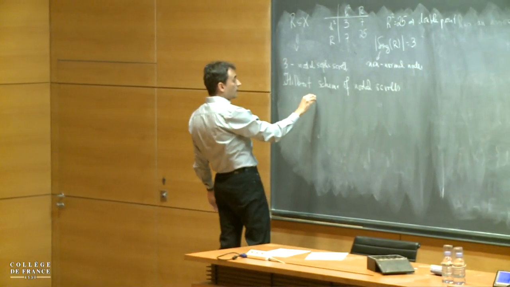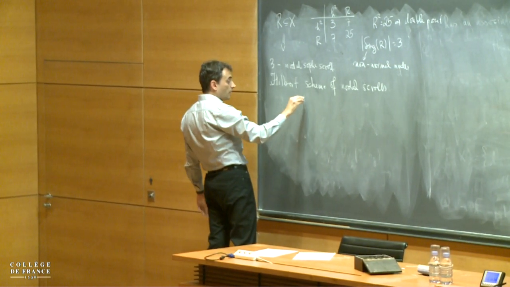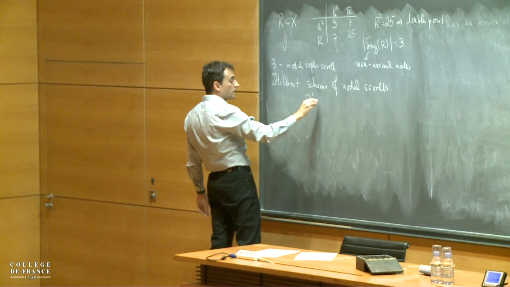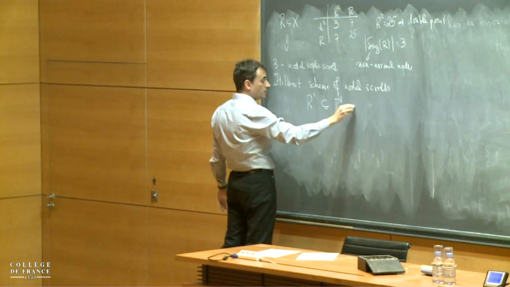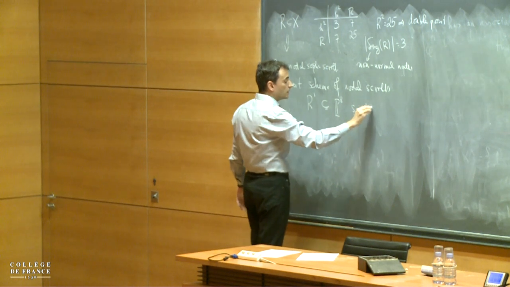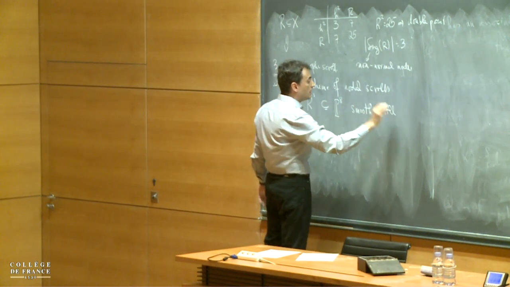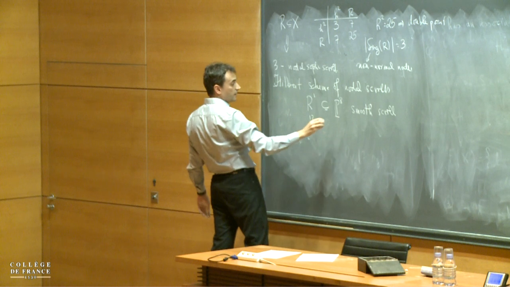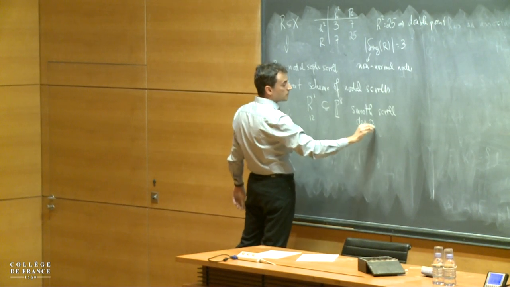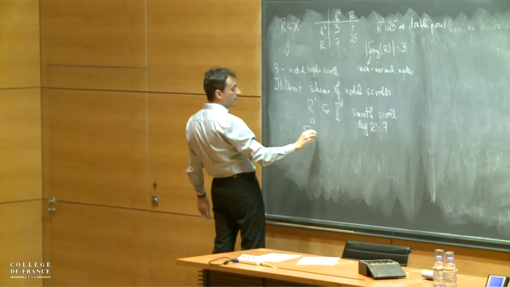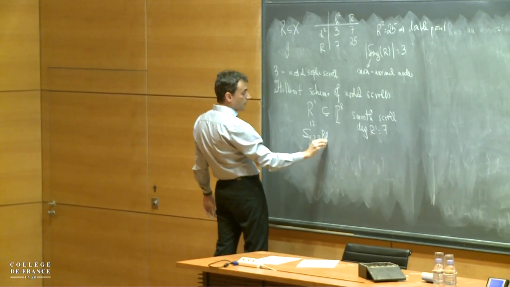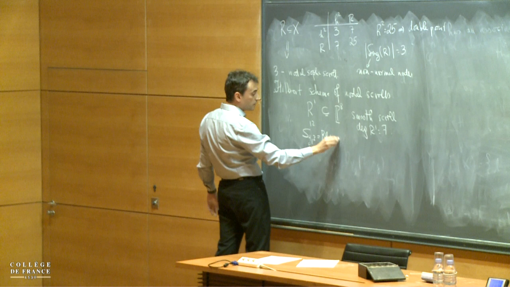So you start with a smooth R prime, I call this, a smooth scroll in P8. So this is of degree 7. So this is just in the classical notation, just S for free. Or if you want, this is just a blow up of P2 and a point.